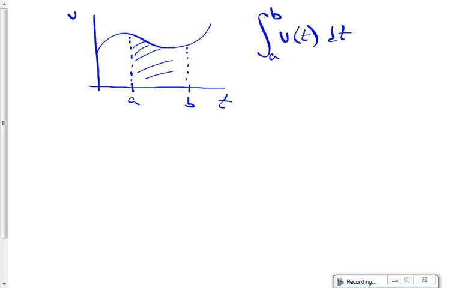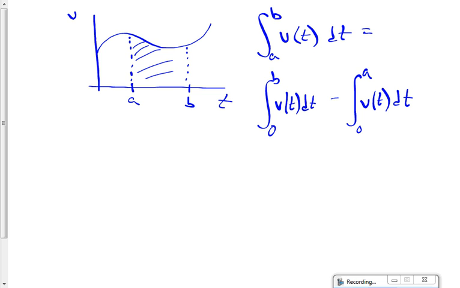Now, I'm going to make an area argument first. And because I'm finding area under a curve, is it fair to say that this integral from A to B could be written as the difference of two integrals, the integral from 0 to B of v of t, minus the integral from 0 to A of v of t?